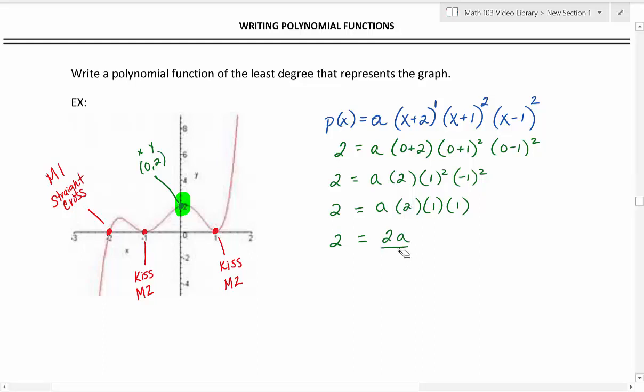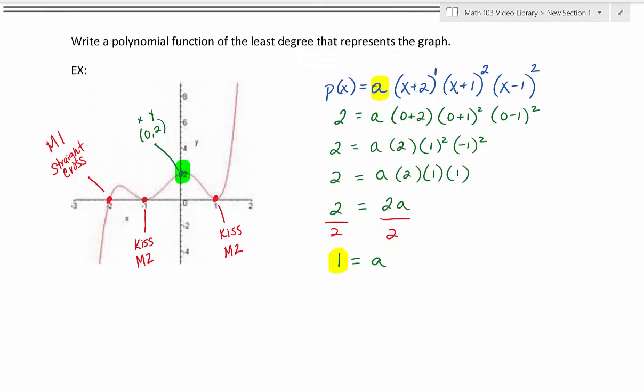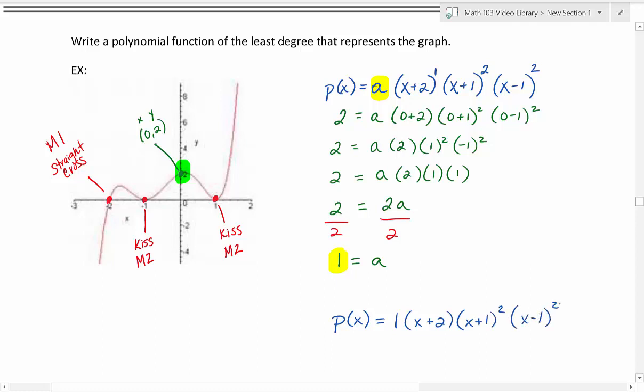Dividing both sides by 2, we get a to be 1. We're going to take this 1 and plug it into the polynomial function we wrote above. We'll plug that in for a, and that'll be our final answer. P of x equals positive 1 times (x plus 2) times (x plus 1) squared times (x minus 1) squared.